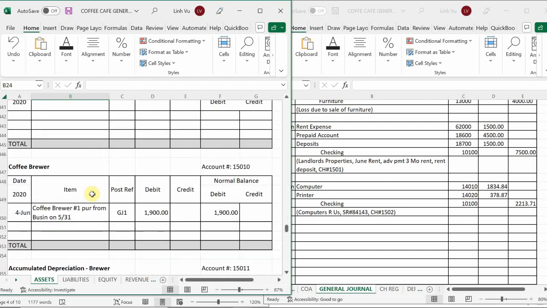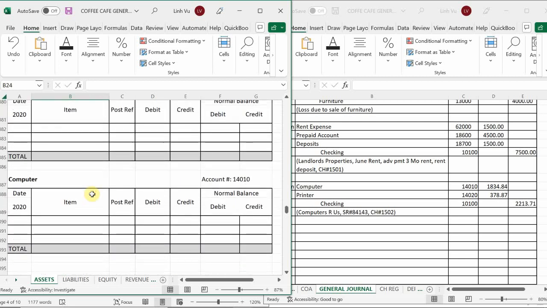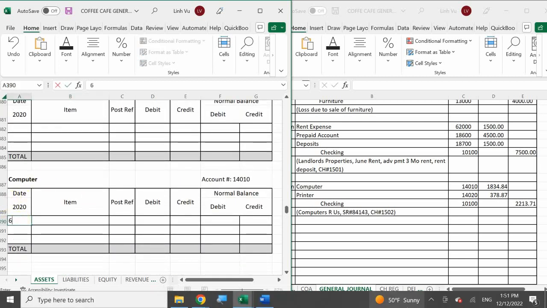Okay, so in this case, I'm going to go ahead and I've kind of passed it over here already. So here you go. My computer is right here. And I'm going to go ahead and identify today's the 5th. Now, the item here could be anything that you want to put in here, whatever notes that you want. So in this case, you don't need to say I purchased a computer, right? But I can say that it was for $16.95 plus 8.25% tax, which yields me $139.84.